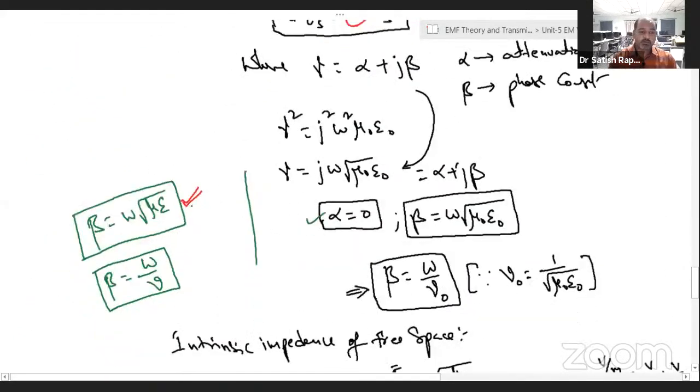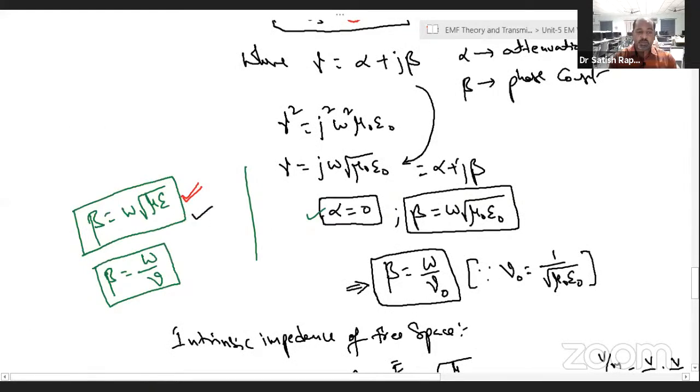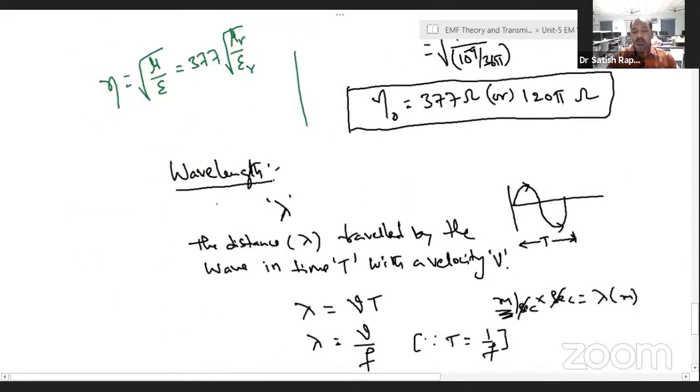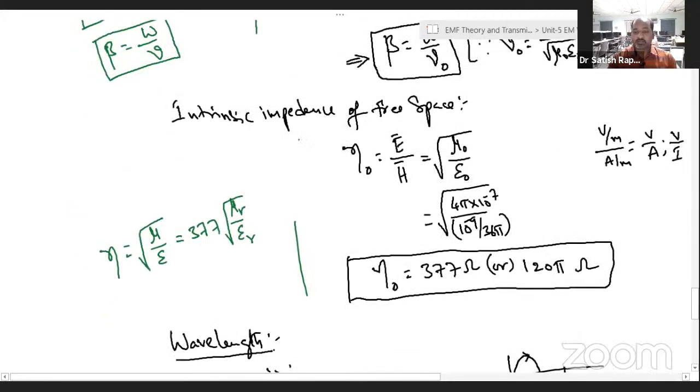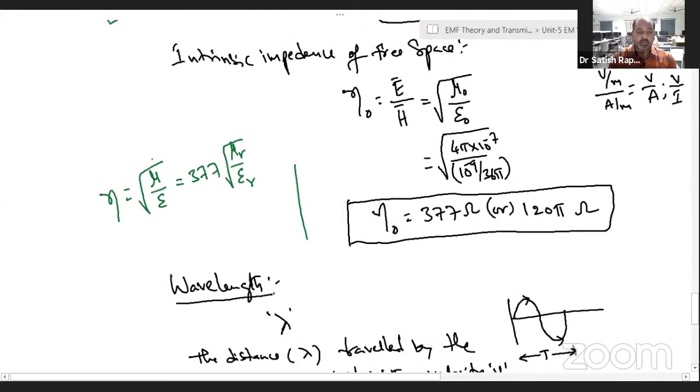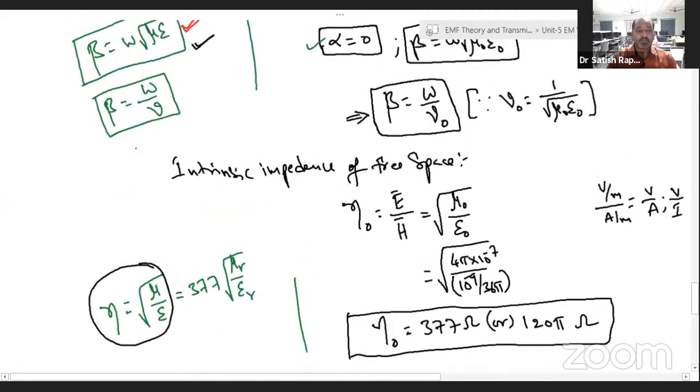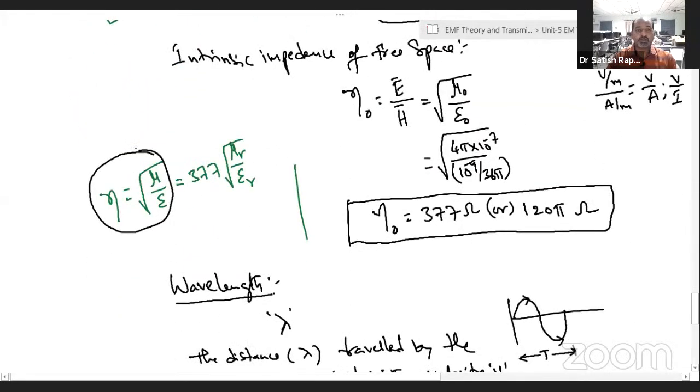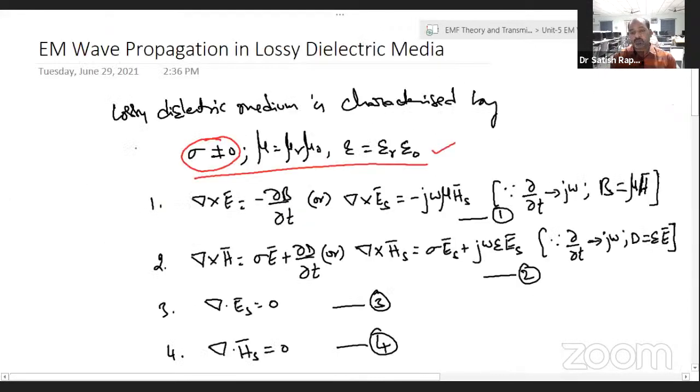Beta is equal to omega root mu epsilon, and eta is equal to root mu by epsilon. We are using those formulas related to lossless media.